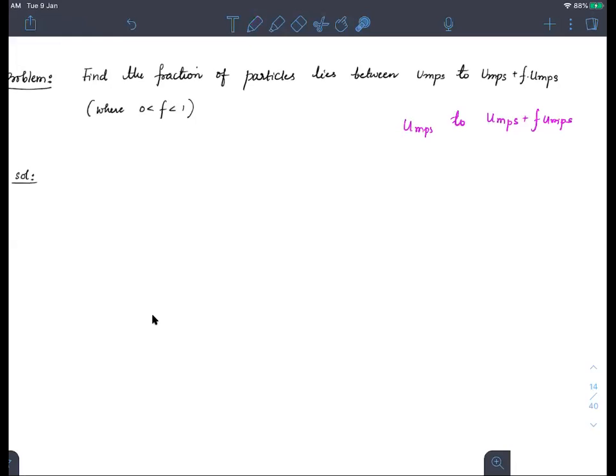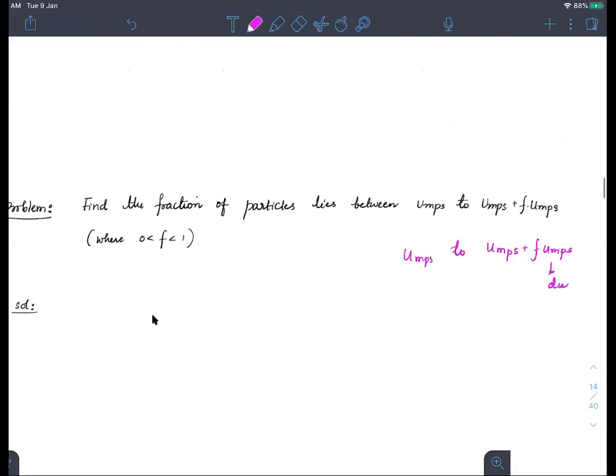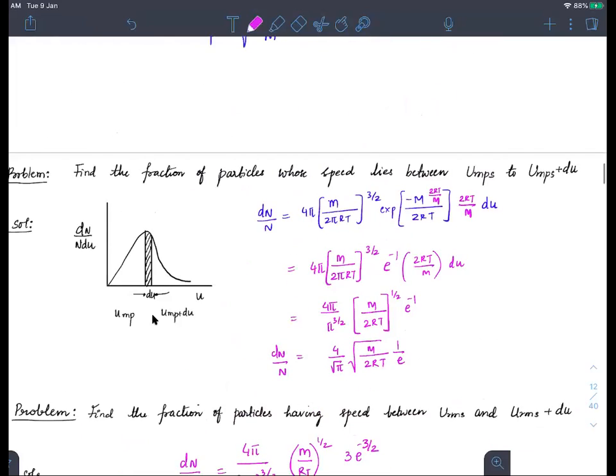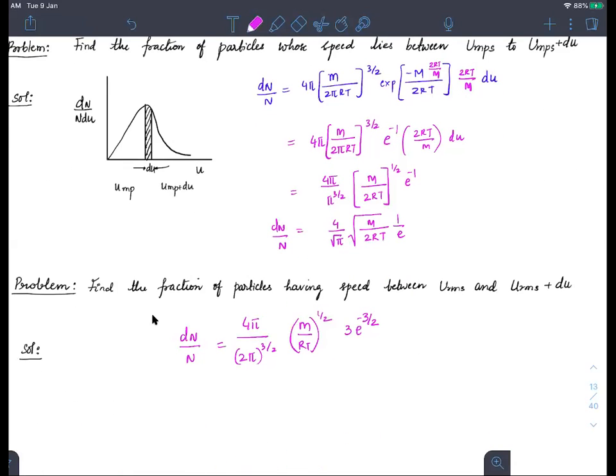Got it? So this in fact was the DU you were discussing. Okay. So I will directly fetch the result from above, from here, and then we will see what we would get. This into du. There was a du missing here. Okay. So I will directly take it from here.